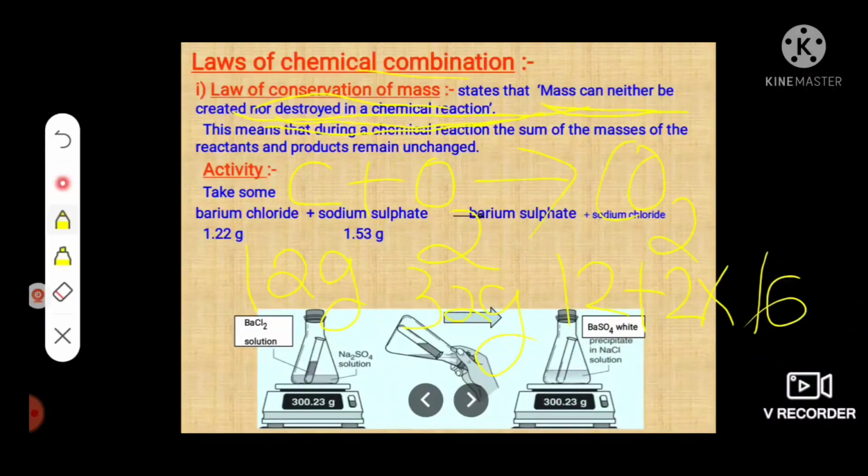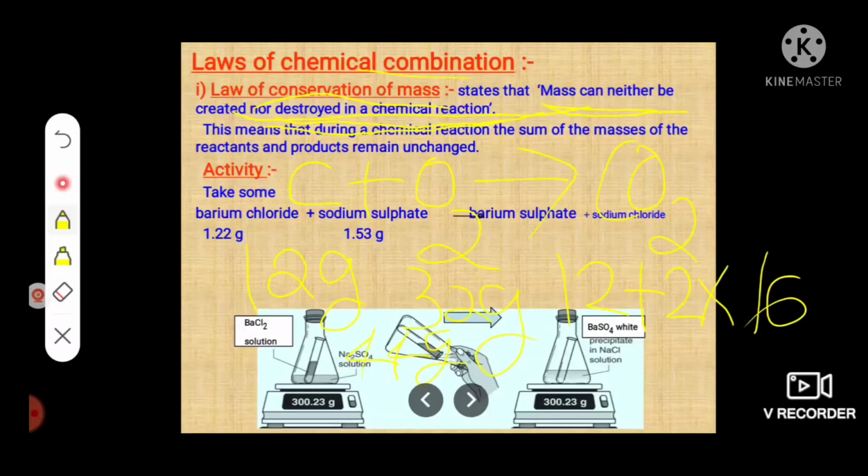Here the number of oxygen atoms is 2, then 2 into its atomic mass 16 equals 32 gram. The total is 12 plus 32, which is equal to 44 gram.